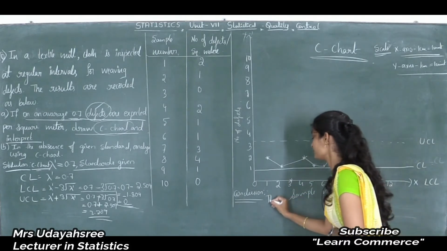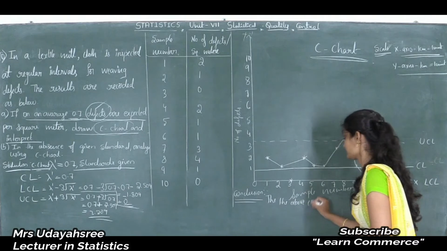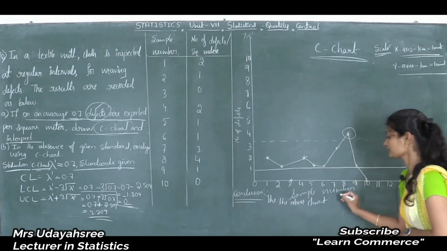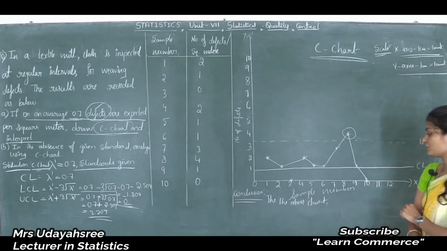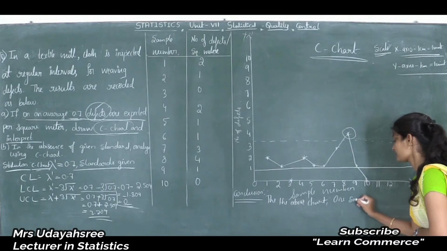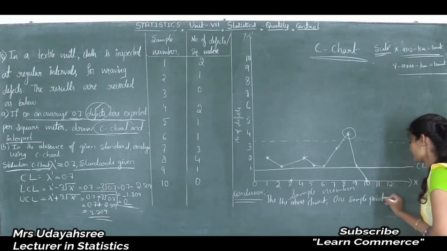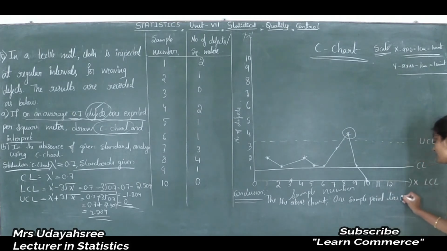In the above C chart, one sample point lies outside the control limit.